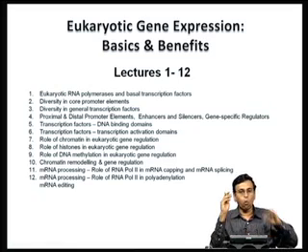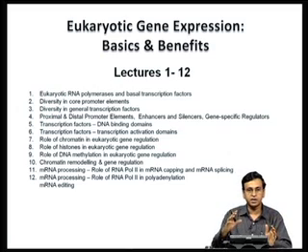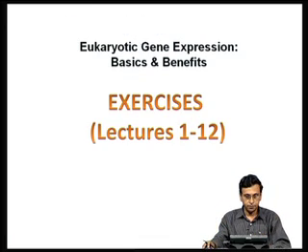With this, one module of this course has been completed, and if you study these 12 lectures, you will get a very good idea about how regulation of RNA polymerase II transcription takes place inside mammalian cells.